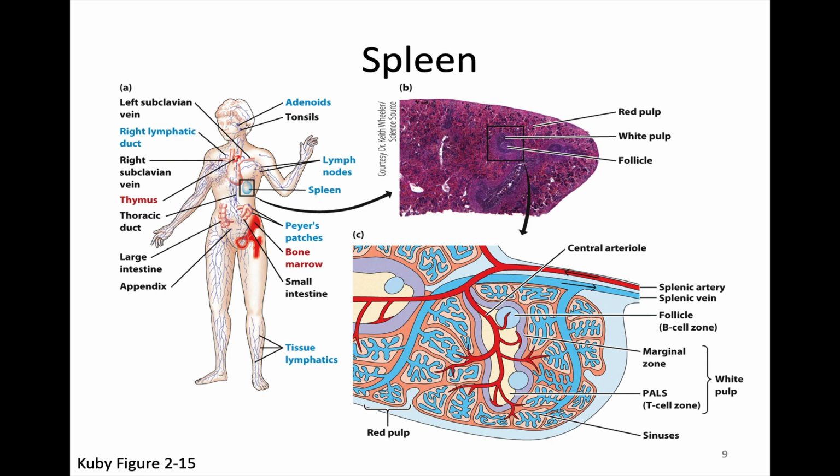If I look at the structure of the spleen, in a lot of parts it looks identical to a lymph node. The only difference is that the spleen also has some other parts. The white pulp is basically lymph nodes. The red pulp is for red blood cell recycling. So the spleen is a lymph node that also does red blood cell recycling, and we often think of it as the lymph node that checks the blood.